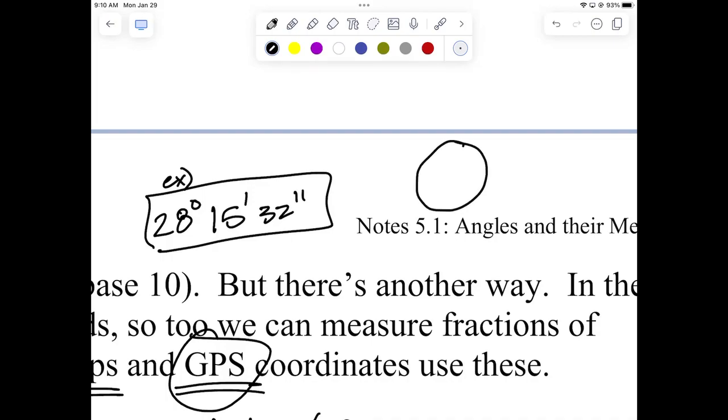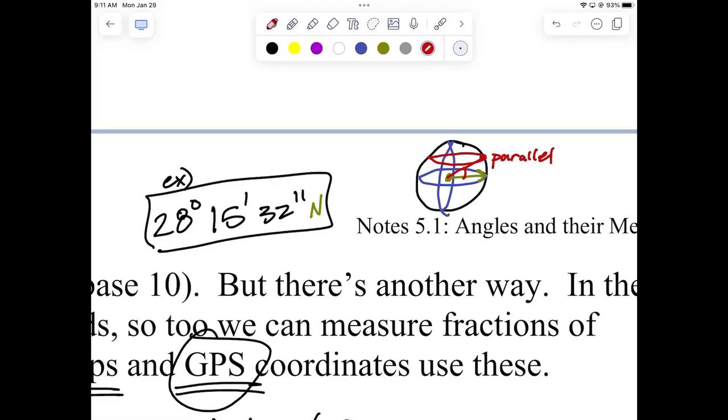If you take planet Earth and look at it like this model, your latitude is the first number. Imagine in the center of the Earth, you have a line going straight across to the equator. This might be 28, 15, 32 north. What that means is you rotate up about 28 degrees, and when you hit the surface of the Earth, you hit this latitudinal line, sometimes called a parallel.